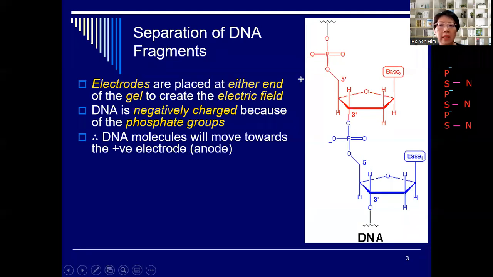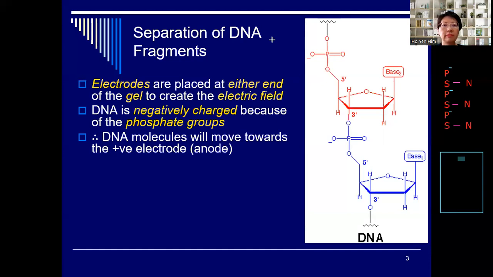So if this is the gel, and we put the DNA over here, this is a piece of DNA. We know that DNA is negatively charged, so what electrode should I put near the DNA to make it move away? Annabelle, what charge should I put here so that the DNA will start to move downwards?